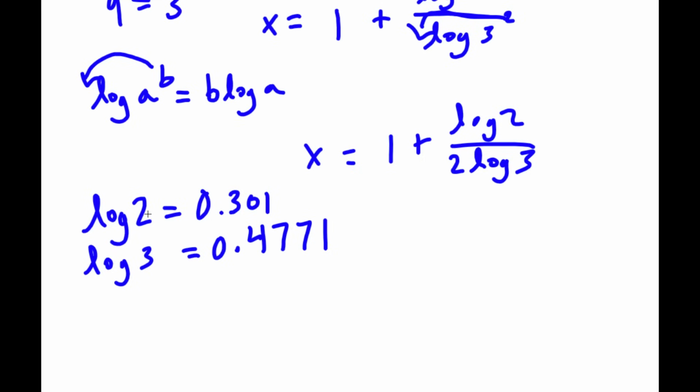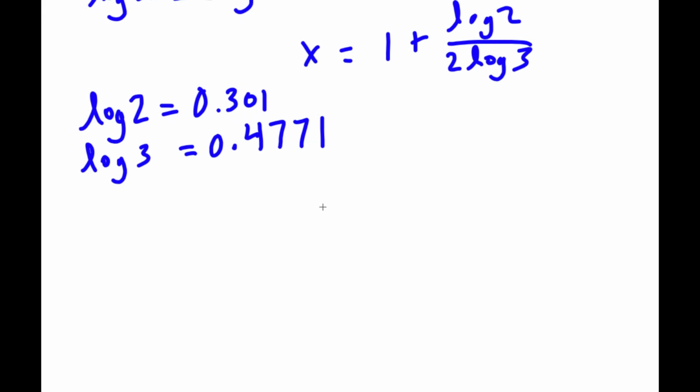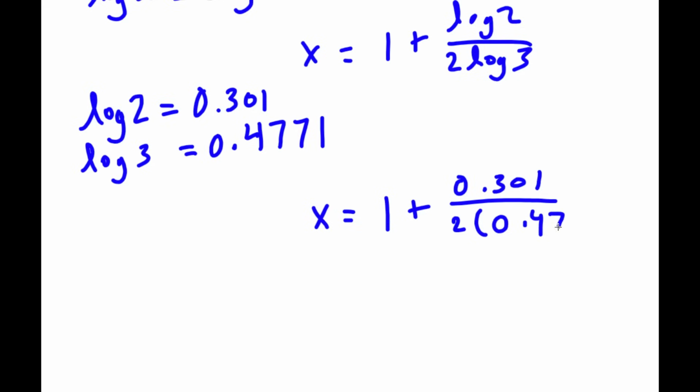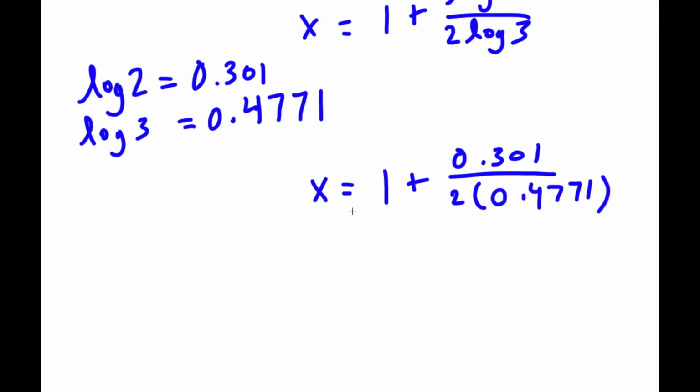So now if I substitute in log 2 and log 3 into our equation, I get x is equal to 1 plus 0.301 over 2 times log 3. Log 3 is equal to 0.4771, so I have 2 times 0.4771. So now I have x is equal to 1 plus 0.301 over 2 times 0.4771.